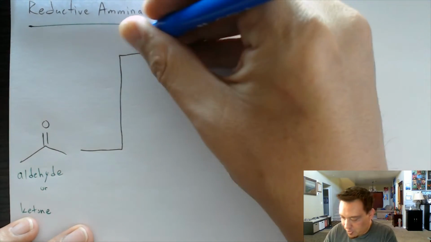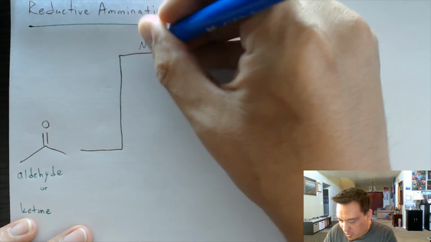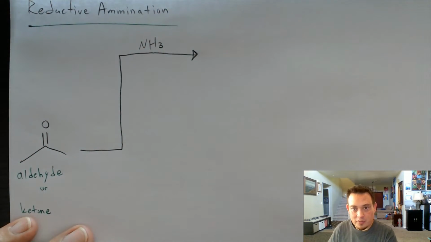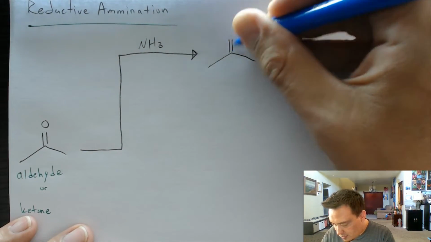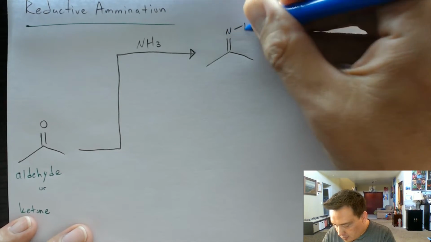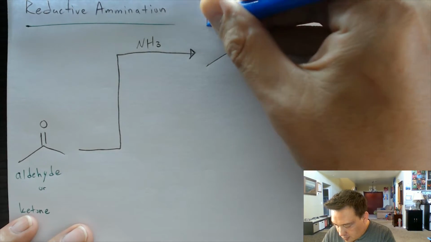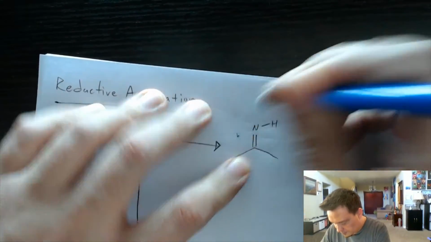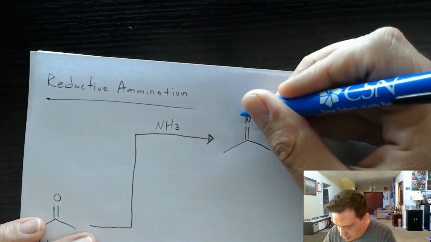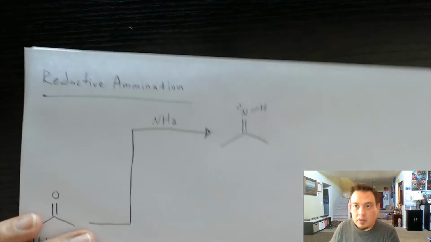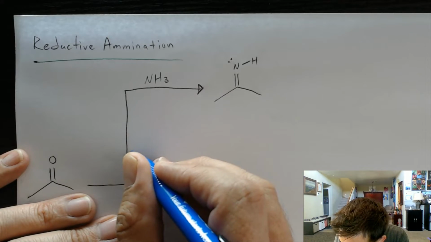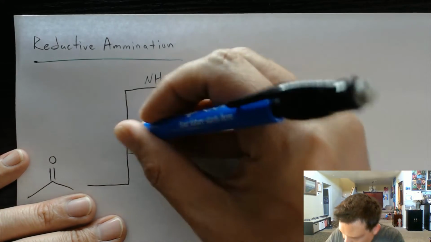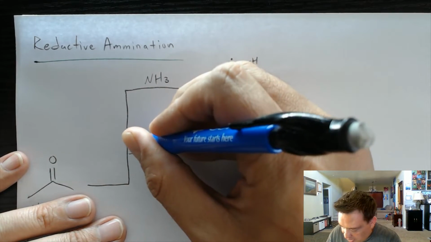All right, so here I'm going to go ahead and show what we get if we react ammonia. We get that. And then here I'm going to go ahead and use methylamine.